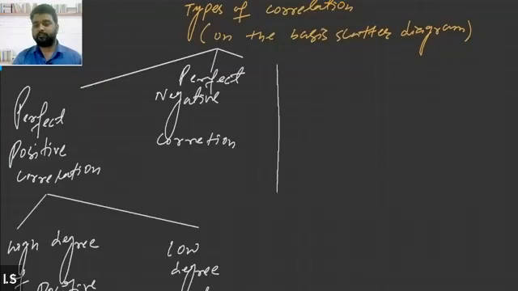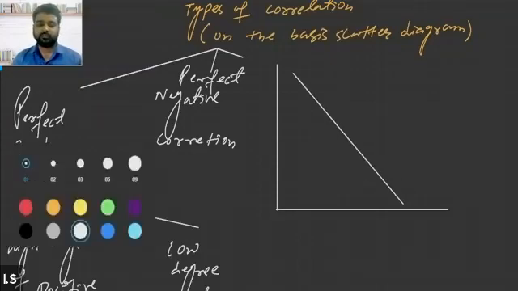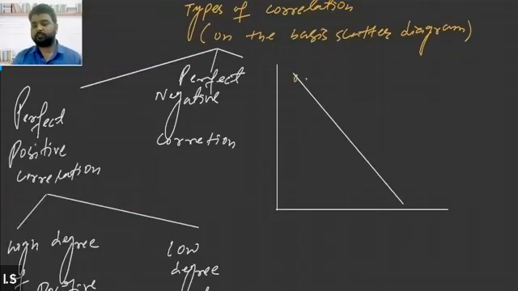But again, if the majority of the dots are on a line, but a few are scattered around, like this, this is called high degree of negative correlation, right? And if you make the diagram and very few dots are on a line, then it will be called low degree of negative correlation.